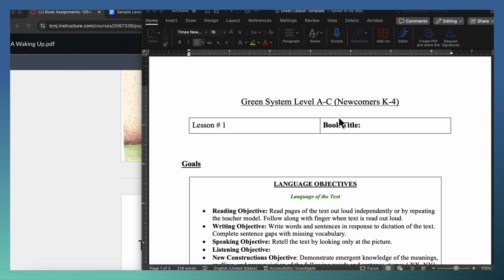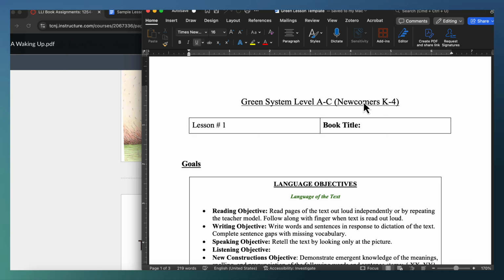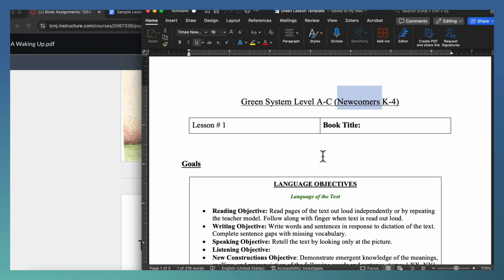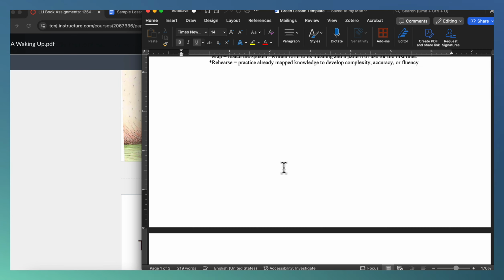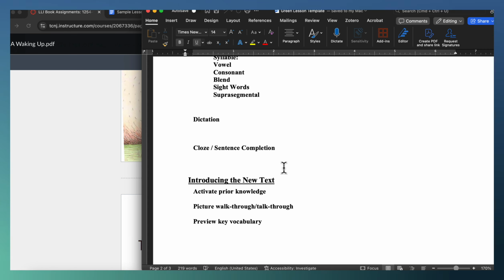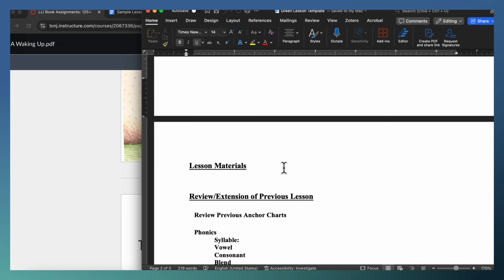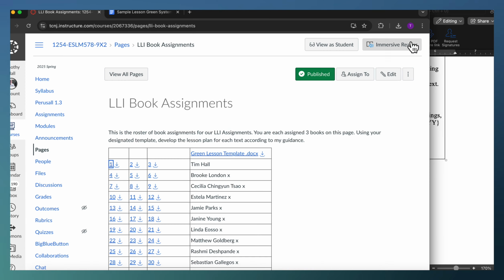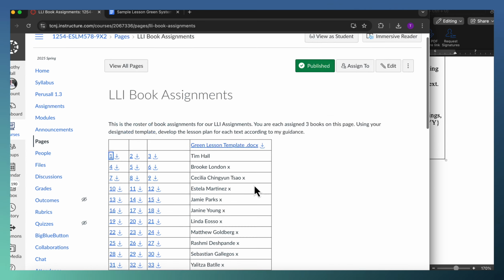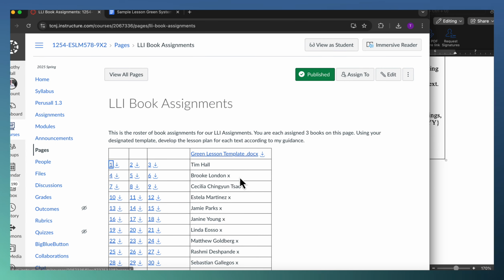Remembering that, first of all, we are dealing with newcomers, so less is more in many respects. We really have time to just dwell on a lot of the simplicities, all right? So last class, I had the opportunity to show you the basic structure of the lesson plan, which was something that you would download from your page here, the green lesson template.